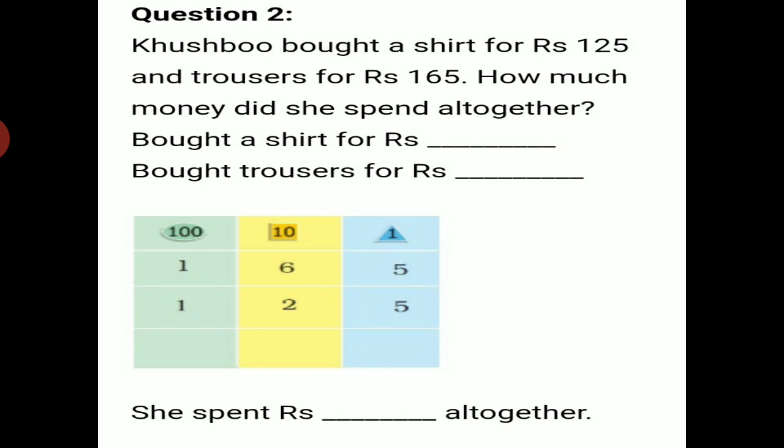So what do you have to do here? Here you have to add both the costs of the shirt and trouser. Here the numbers are in 3 digits, in hundreds also. So first you have to write the numbers in columns in ones, tens and hundreds, and then you have to do the addition.